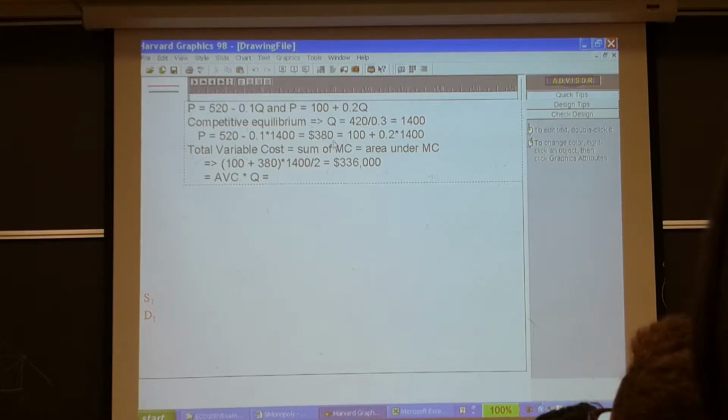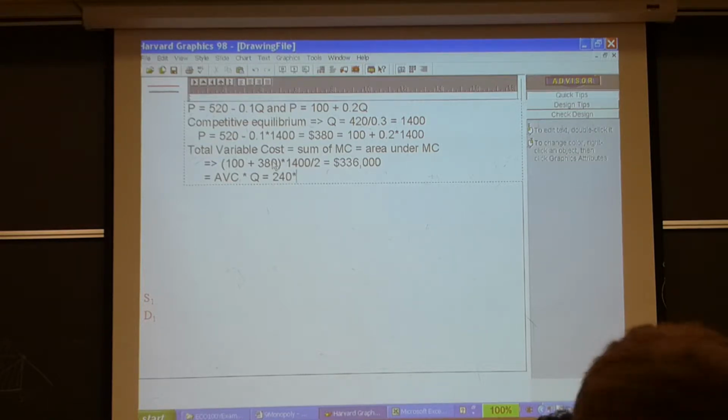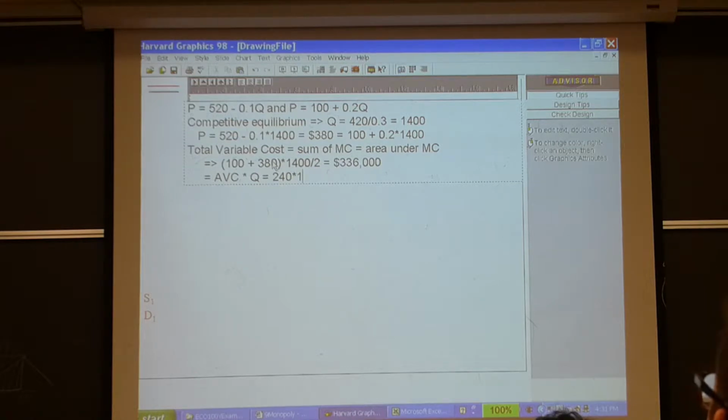So the average variable cost is the average of 380 and 100, which turns out to be, what is that? Let's see, 240. Yes, 240, exactly. 240 times 1,400, which presumably is also 336,000. Everybody? Do you understand?